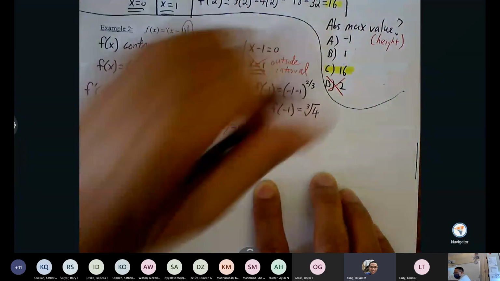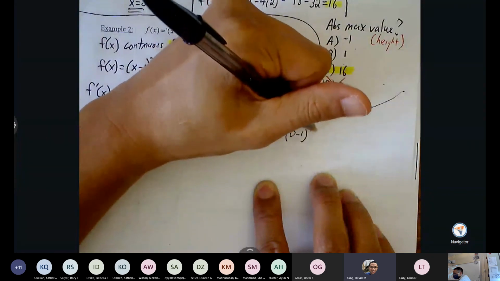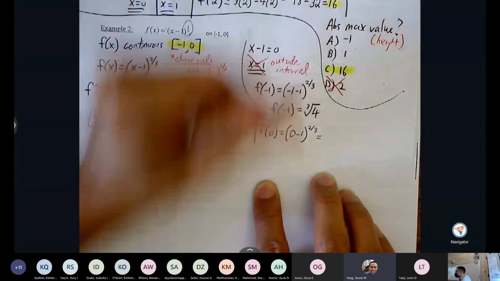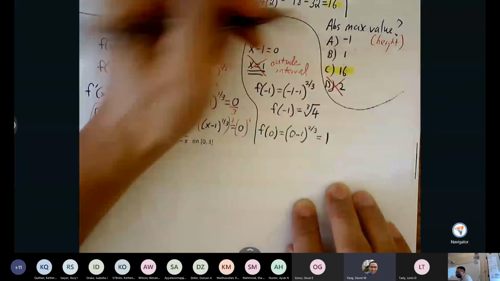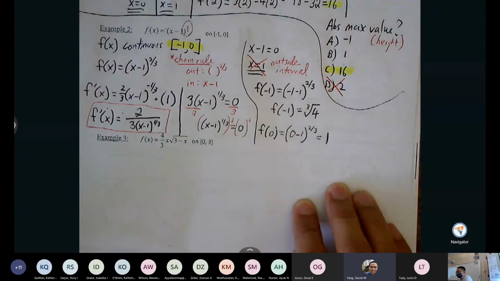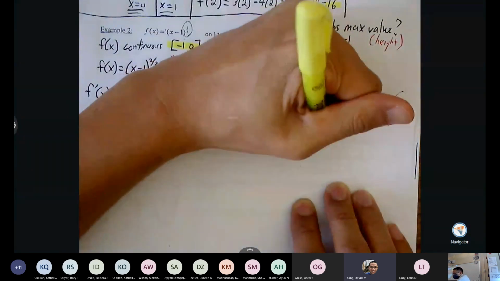So 0 minus 1 to the 2/3. So -1 squared is 1, cube root of 1 is still 1. All right, we have our candidates here. We're looking at this number and we're looking at this number.